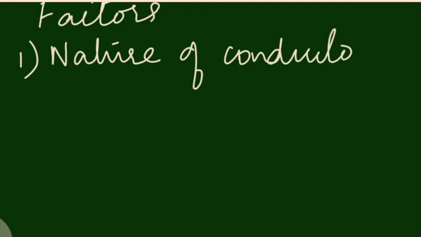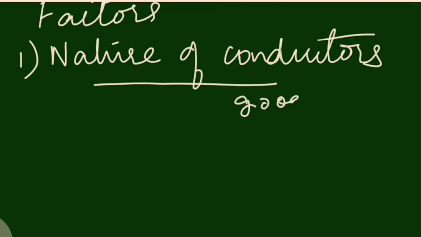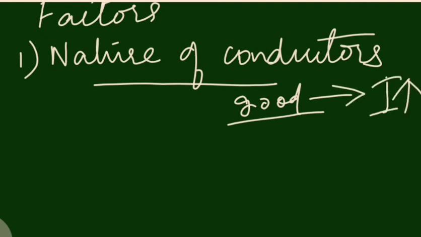Different materials will be having different amount of electrons. So concentration of electron changes, conduction also changes. Some materials will be good conductors, some materials will be bad conductors of electricity. So through good conductors more current will flow, through bad conductors only less current will flow. That is the nature of conductor.